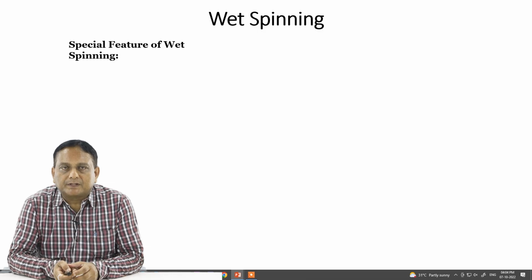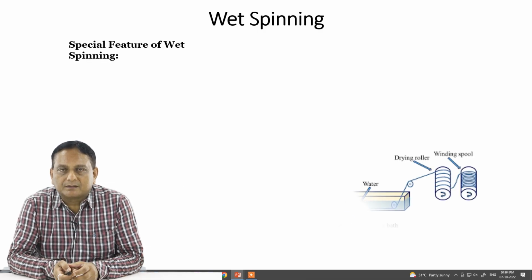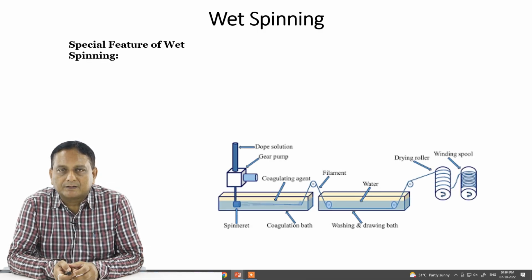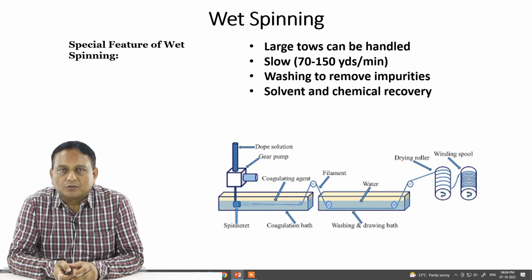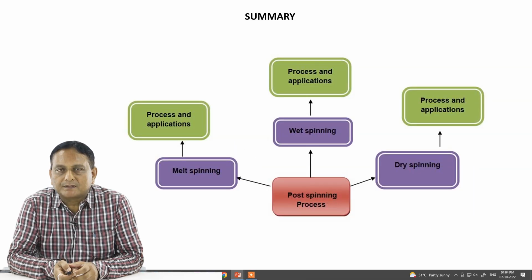Now what are the special features of wet spinning? As you can see here, large tows can be handled. It is a slow process, 70 to 150 yards per minute. Washing is required to remove impurities. Solvent and chemical recovery processes are also there.